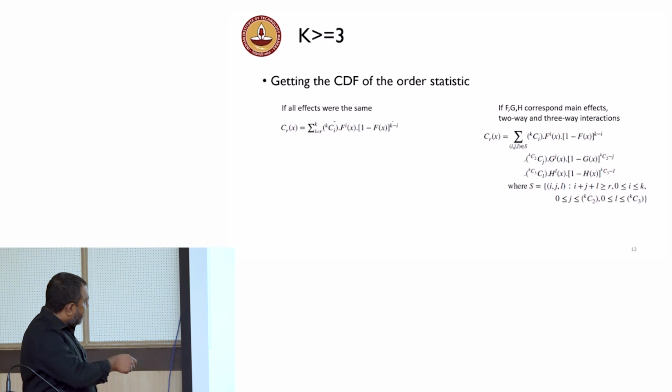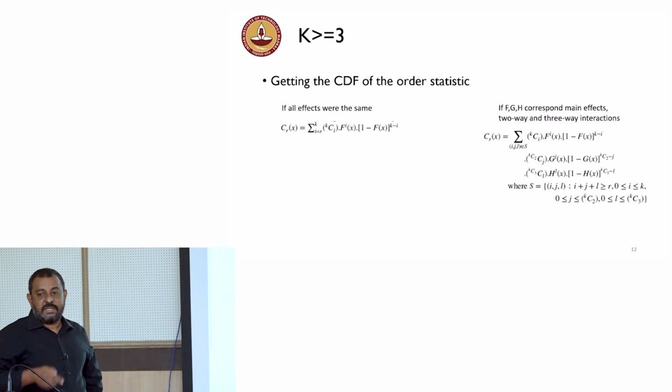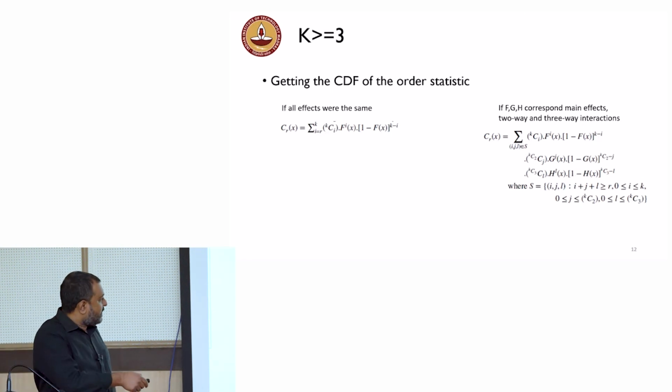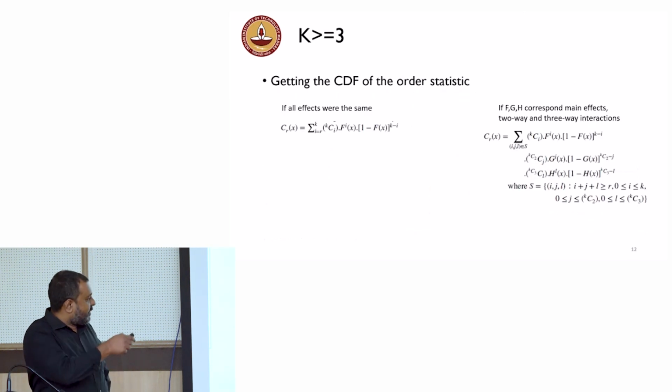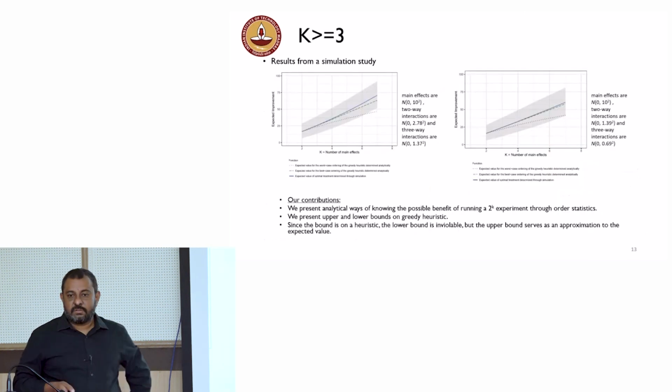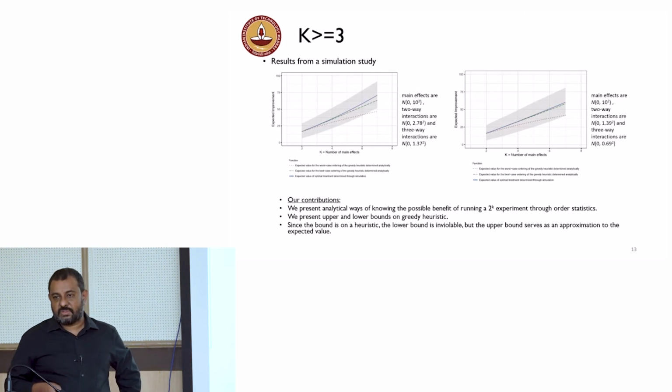What we do is expand on this. This is well known. What we do is expand on this for distributions where the main effects and the interaction effects are different. And once we do this, in conjunction with the worst case and best case bounds, we are able to come up with actual results on the best case and worst case.